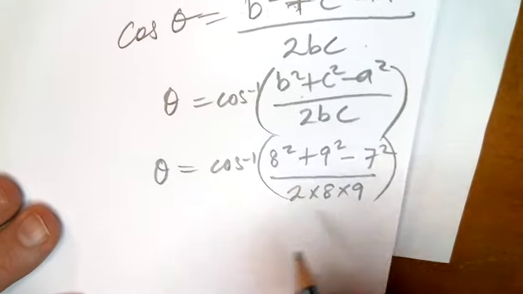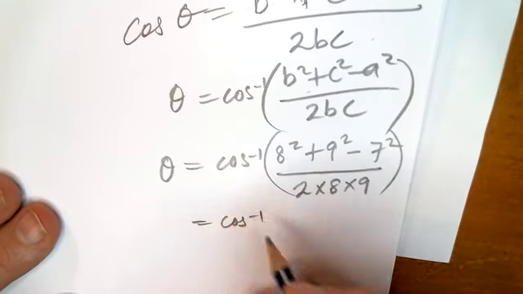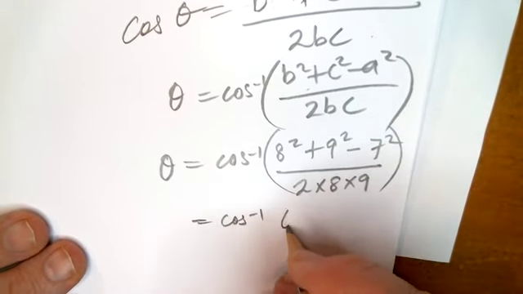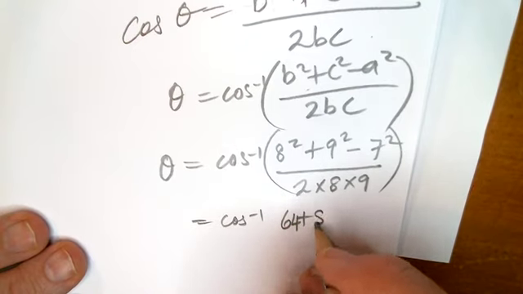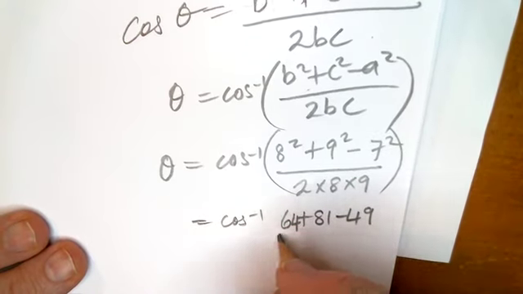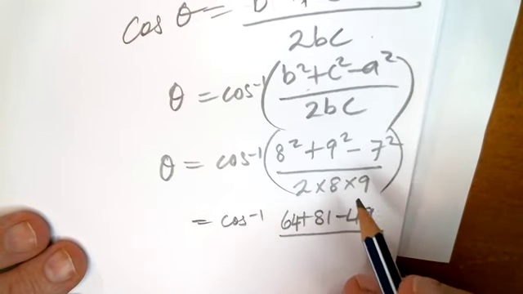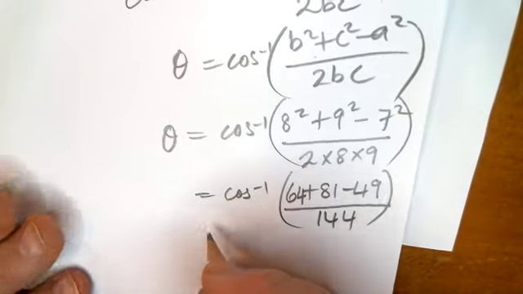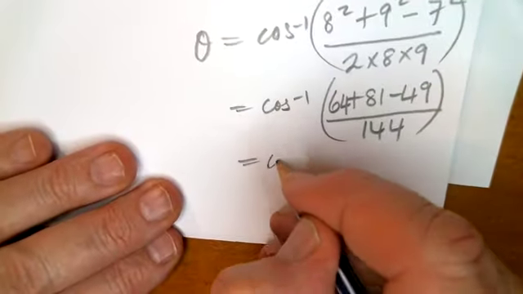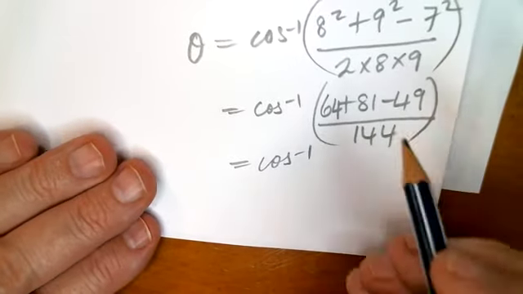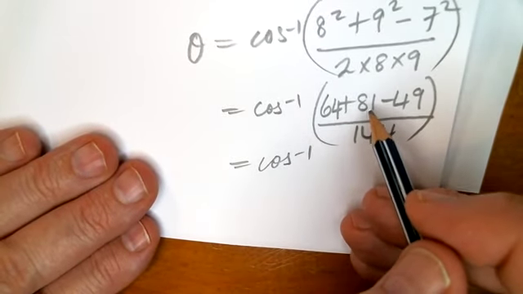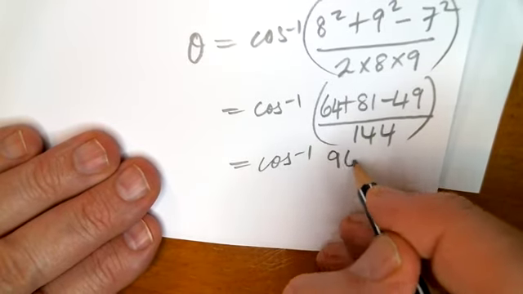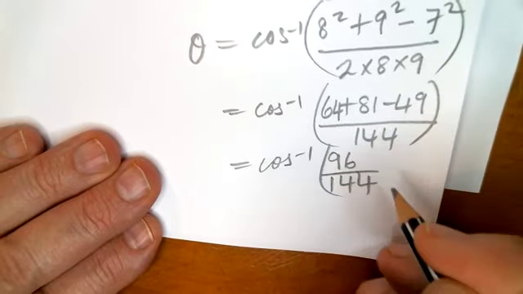All right, so all that comes to, 8 squared is 64, 9 squared is 81, so I've got 64 plus 81 minus 49, all over, well, 8 times 9 is 72, 2 72s is 144. Because I'm running out of room here. What have we got here? 64 and 81 minus 49 should be 96, all over 144.